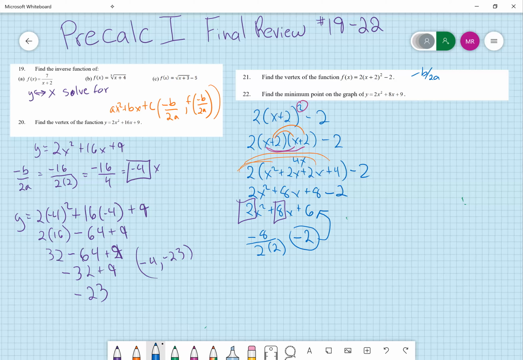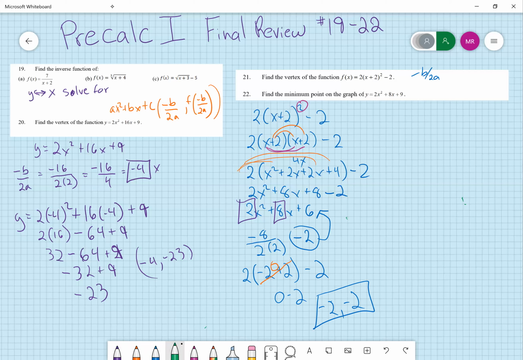If we go back to the beginning, we use the formula from the very beginning: 2 times negative 2 plus 2, squared, minus 2. This just saves us a little bit of work, because negative 2 plus 2 is a big old 0. Anything times 0 is 0, so we end up with 0 minus 2 for our y value. So our x is negative 2, our y is negative 2. And that saved us a few steps.